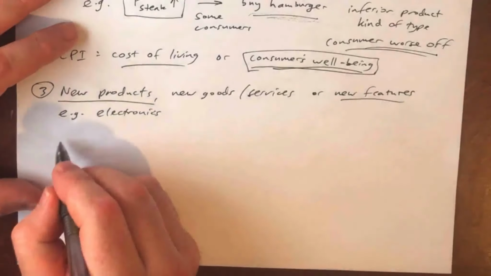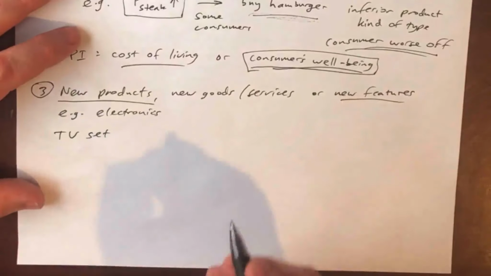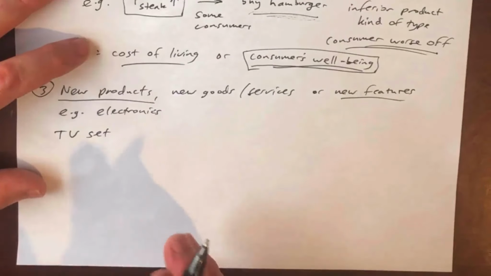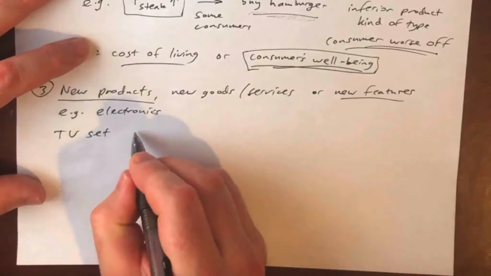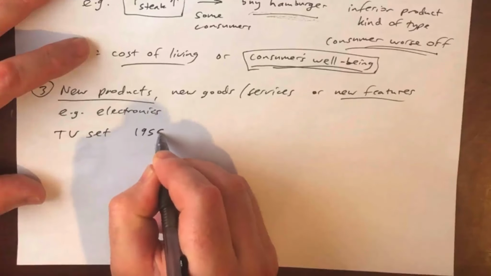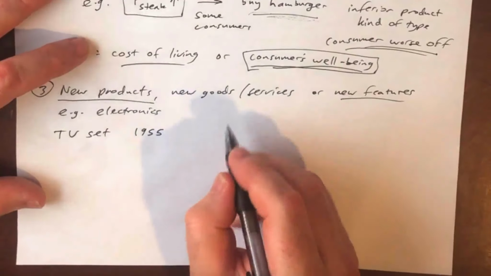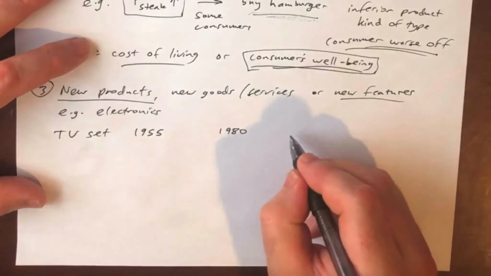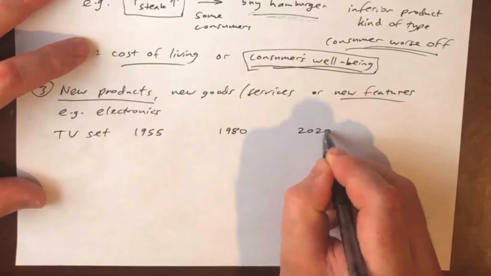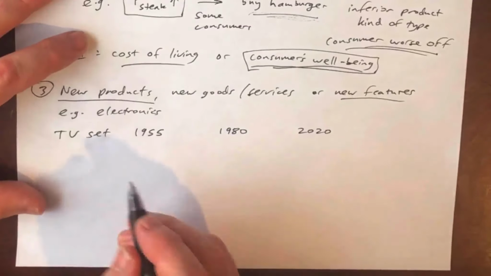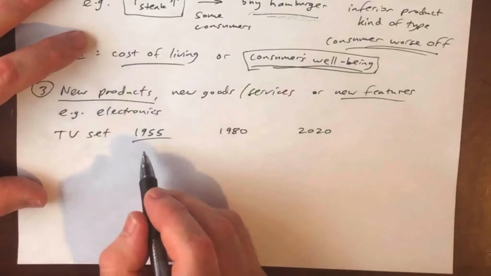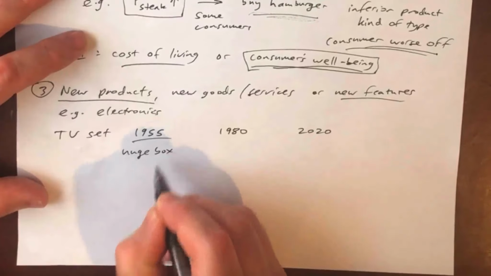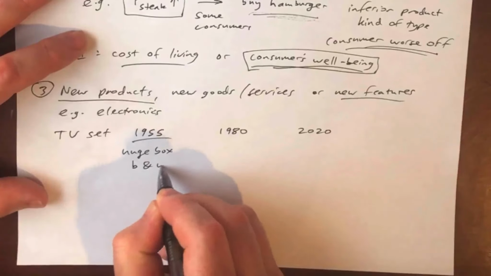Let's take a classic example, the example of the TV set. Let's compare a TV set from a couple of different eras, right? Let's compare the TV set of 1955 to the TV set of 1980 to the TV set of today, 2020. Well, the TV set in 1955 was like this huge box, right? It was black and white only.